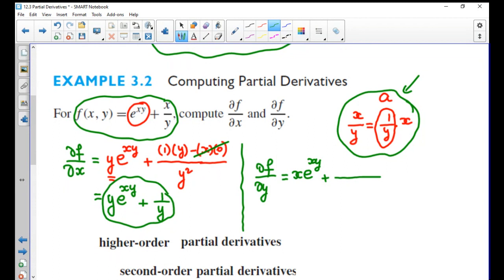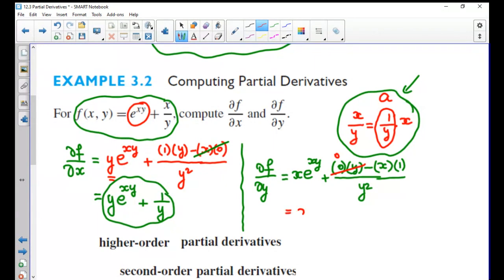So it will be u dash. What is u dash? 0. Yeah, derivative of x is 0. So 0 times y minus x times 1 over y squared, like this. So then this, of course, will be 0.